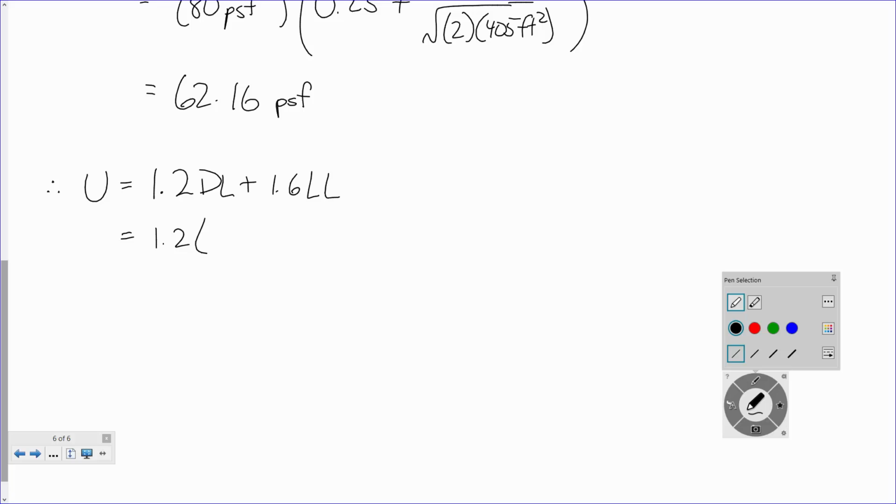Now, look at the numbers. We're only given dead and live loads. So if you look through the variables, the only one that's going to govern is either the first one or the second one. And if I start plugging in numbers, this is what, 50? That's our 62.16.